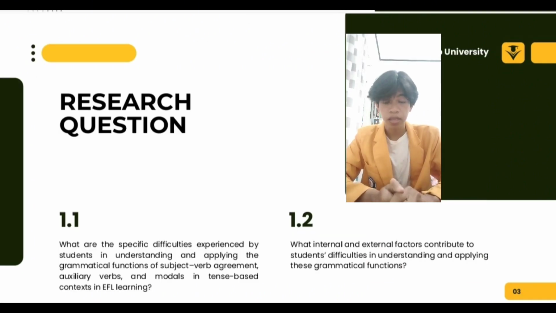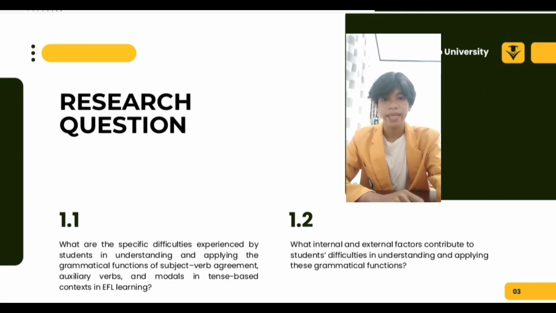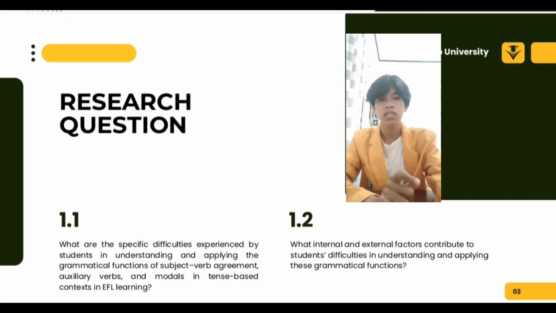Okay, next slide, we are going to talk about research questions. In the research question section, the focus is on two questions. One, what are the specific difficulties experienced by students in understanding and applying the grammatical function of subject-verb agreement, auxiliary verb, and modal verb in test-based context in EFL learning.